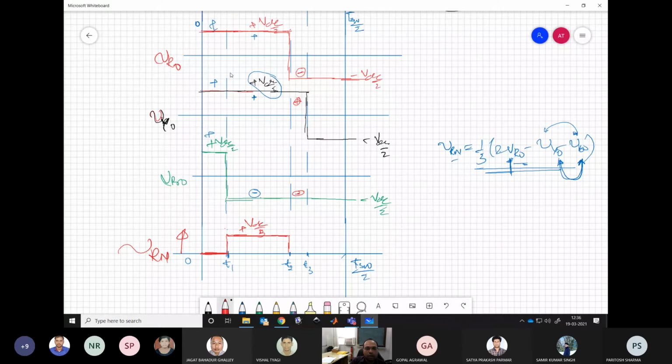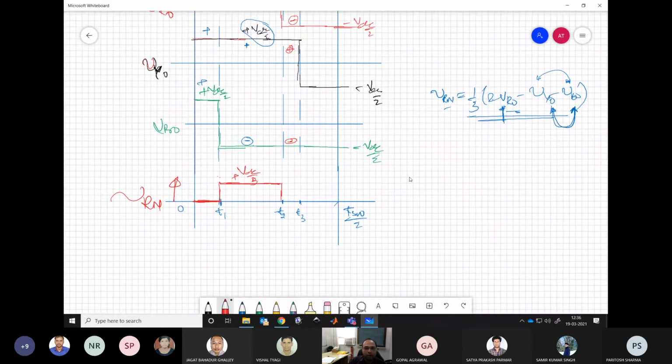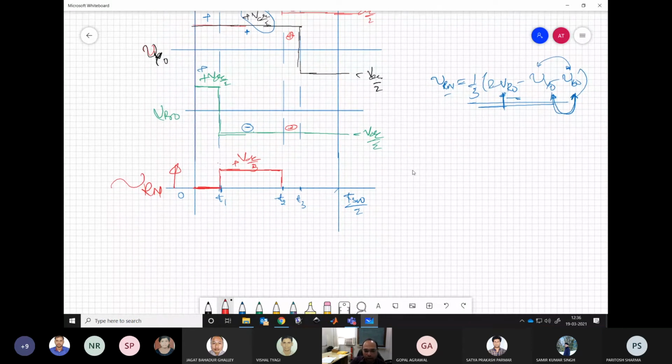So we have minus VDC by 2 and Y and B having opposite polarities, those will cancel out, and ultimately it will be minus VDC by 3. And then again, because R, Y, B, all three are negative, the sum will come back to 0. So this is how our VRN will look.